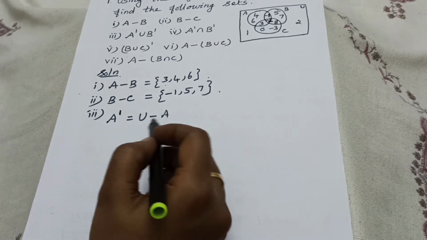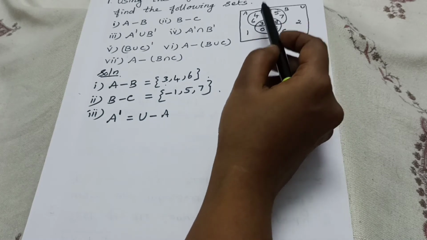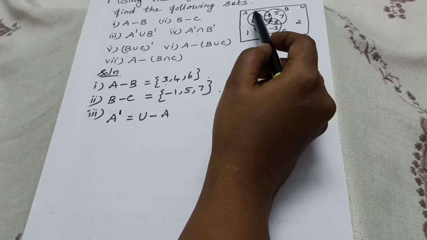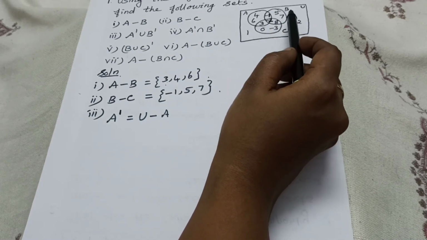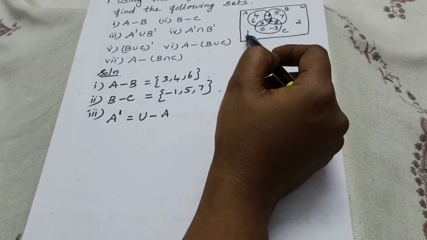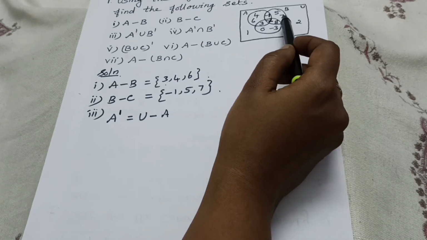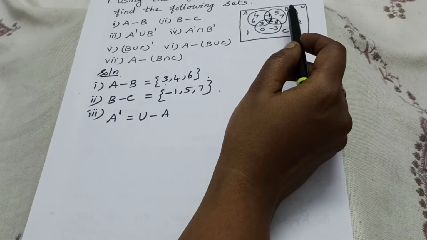That means except A, the remaining universal set. What are the elements it will come? 1, 0, minus 3, 2, 8, 7, 5. These are the elements it will come, isn't it?